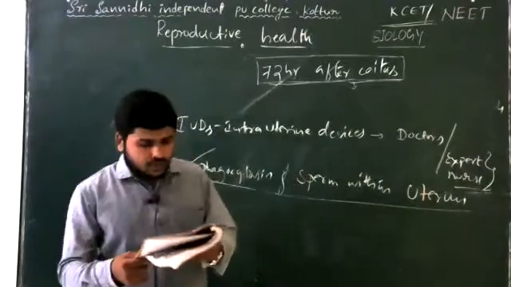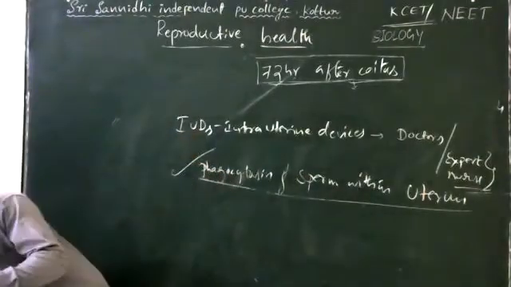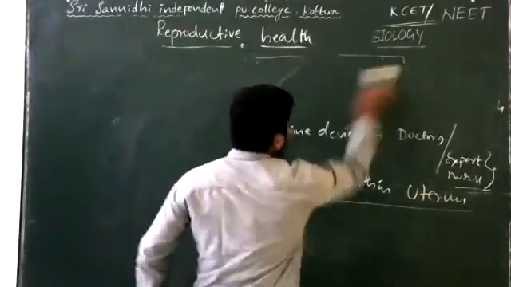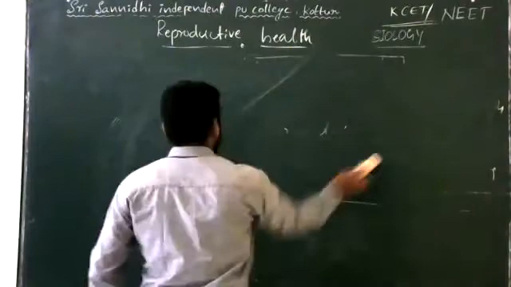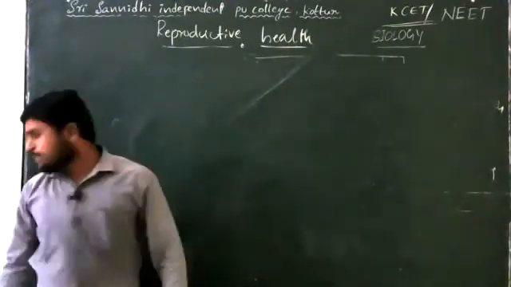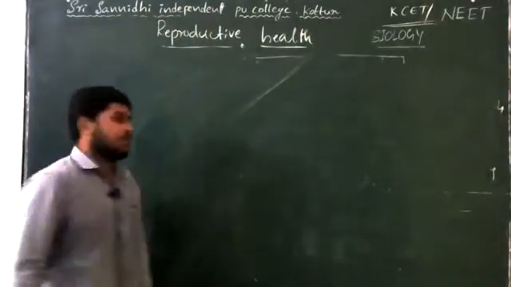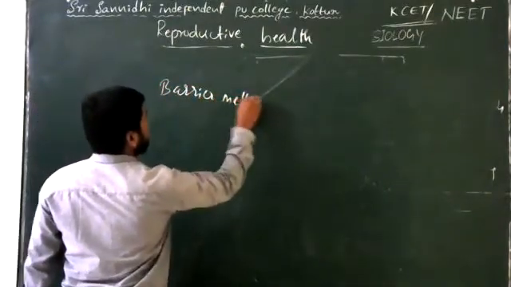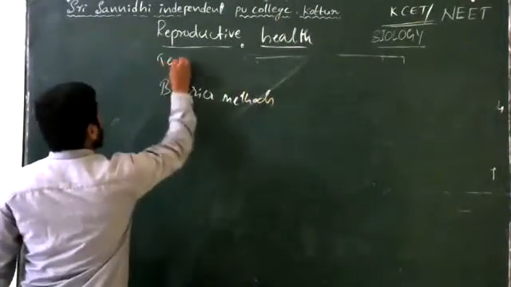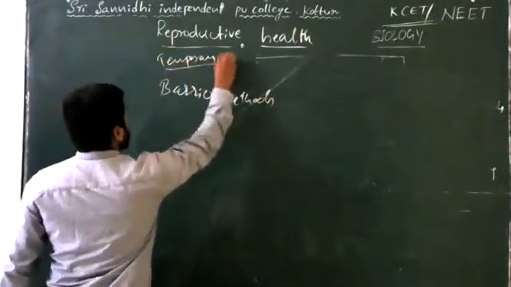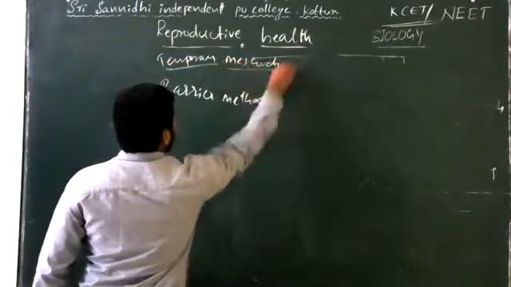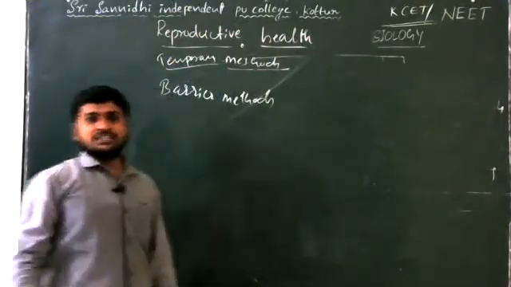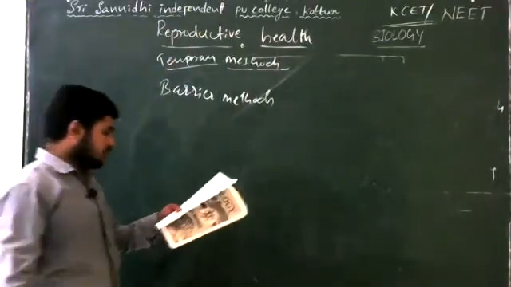Next. Condoms are one of the most popular contraceptives for the following reasons. You know, condoms are barrier methods. These are temporary barrier contraceptive methods. Remember, temporary methods include natural methods, barrier methods, intrauterine devices, oral contraceptive methods, and all those kinds.